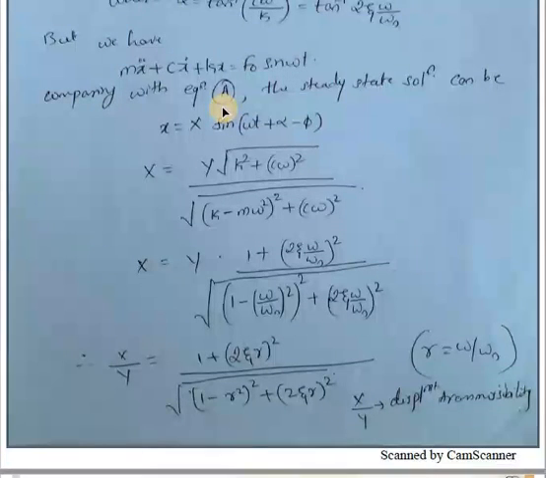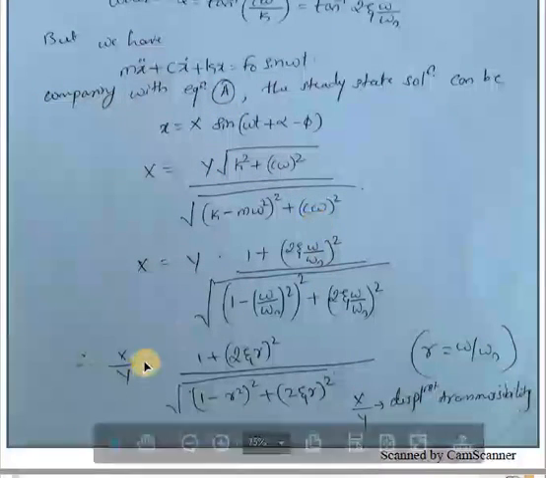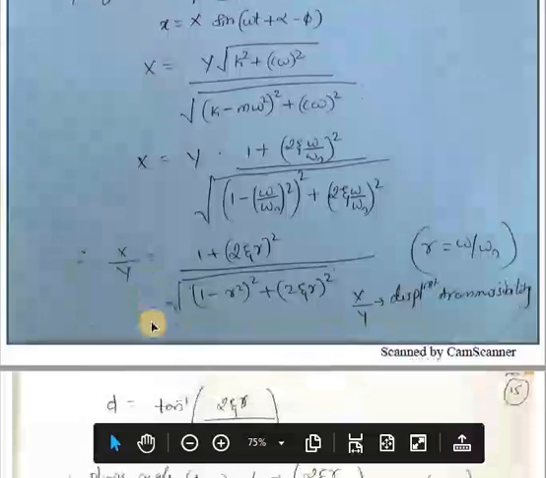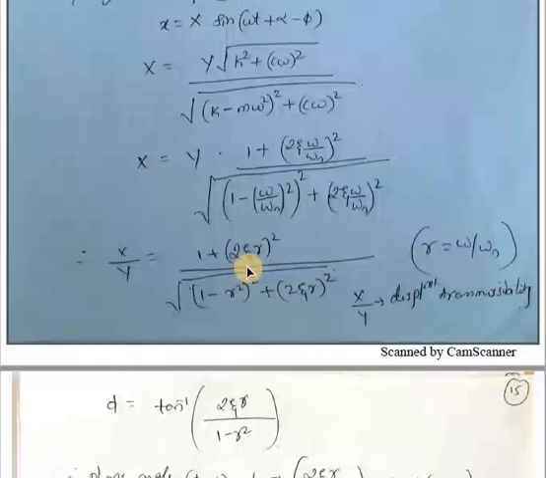If you substitute and simplify, you will get X by Y as 1 plus 2 zeta r whole square divided by 1 minus r square plus 2 zeta r whole square.